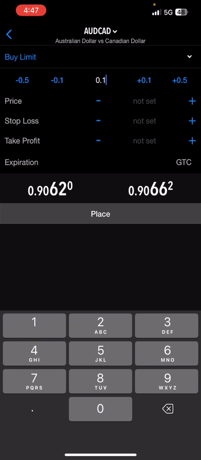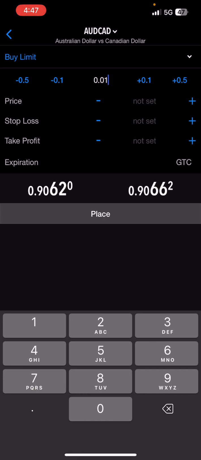So ideally, there's a standard rule for people that are just learning, but as you advance, you get better. The standard rule is that when you have $100 in your account, your lot size should be 0.01, which is the minimum, the least lot size. Because at this, you're only risking 1% of your account, which is good.